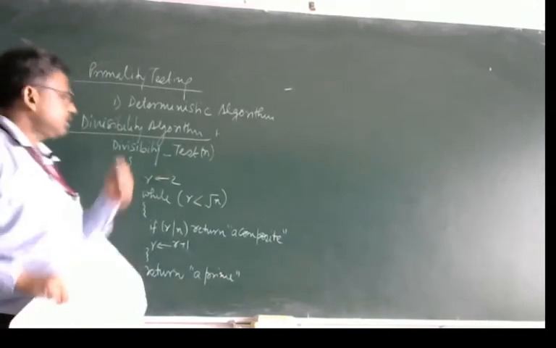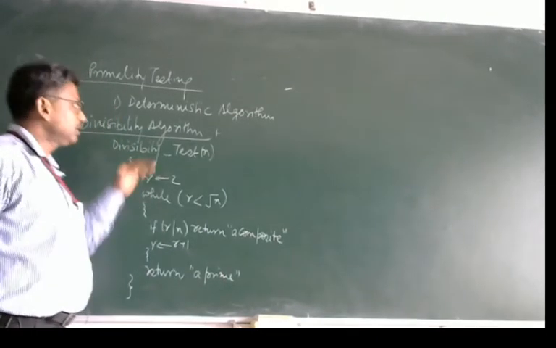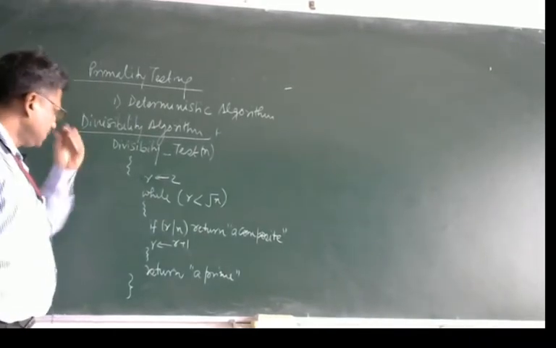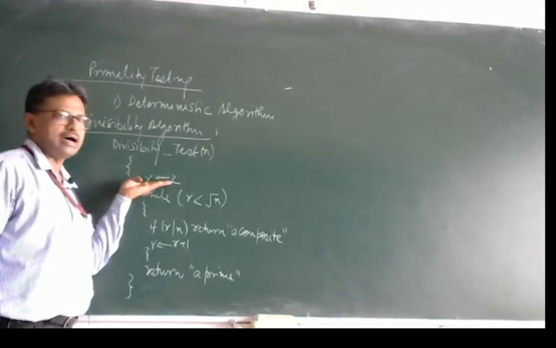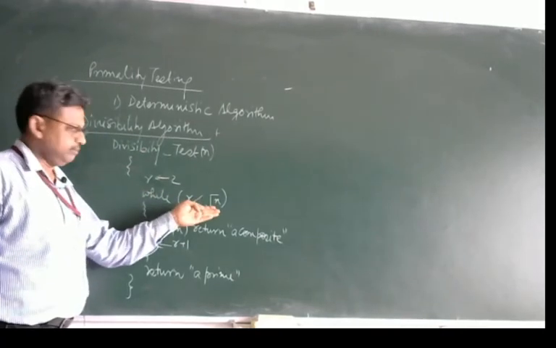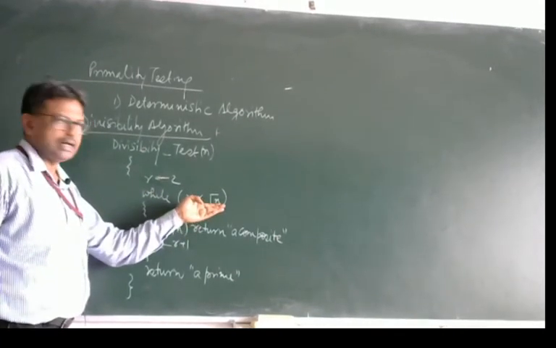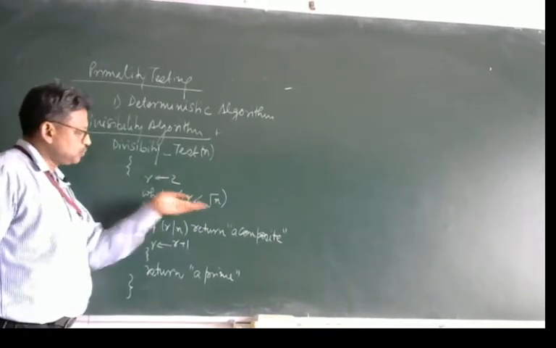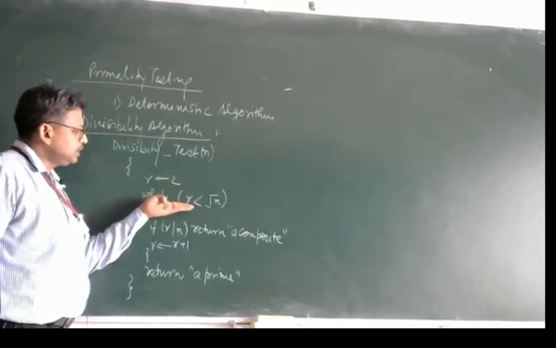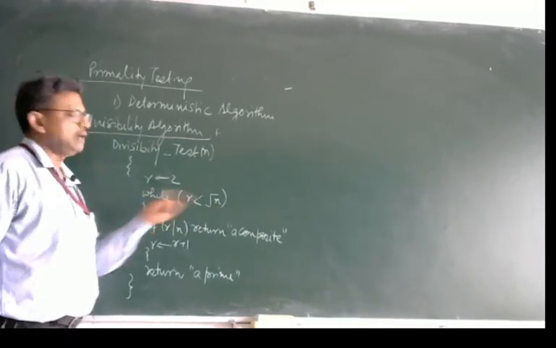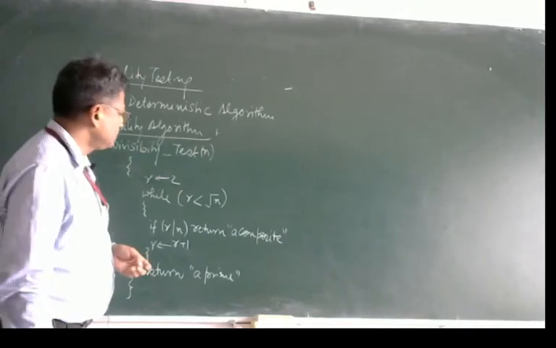So this is the algorithm which is known as the divisibility algorithm, which comes under the category of deterministic algorithm, in which first of all we consider r is equal to 2. While r is less than square root of n, meaning you have to consider n which has to be tested for its primeness, we start from 2. This iteration will go on until the value of r is less than square root of n.